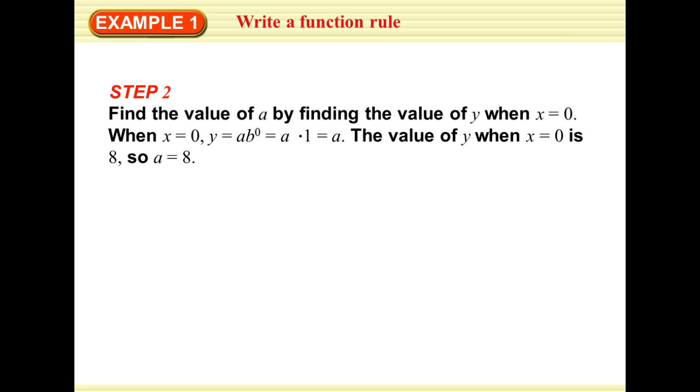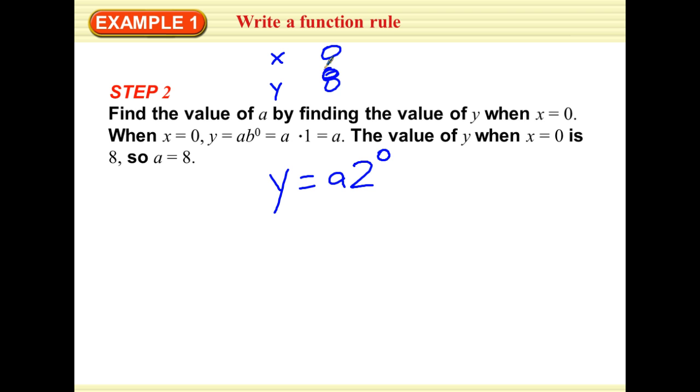The reason why we're going to do when x is equal to 0 is because if I have y is equal to a, and we already figured out that b is 2, well, 2 to the 0 power. In our function table, we had x was 0 and y was 8. So I know that this is a pair.